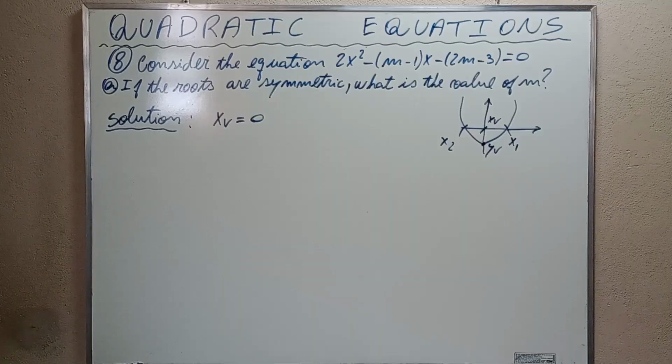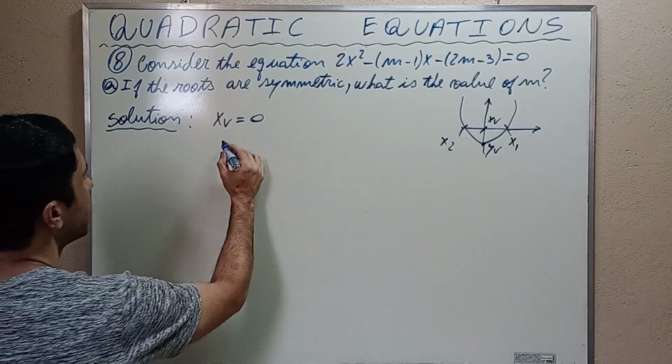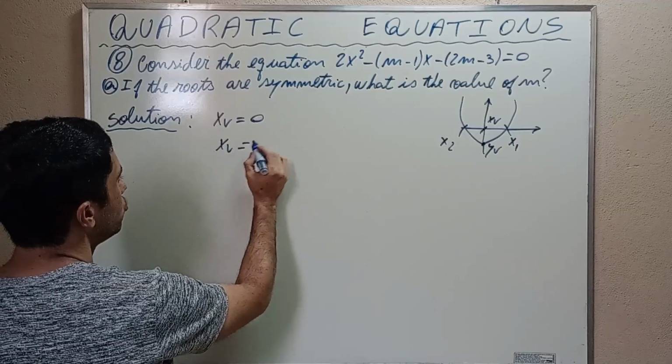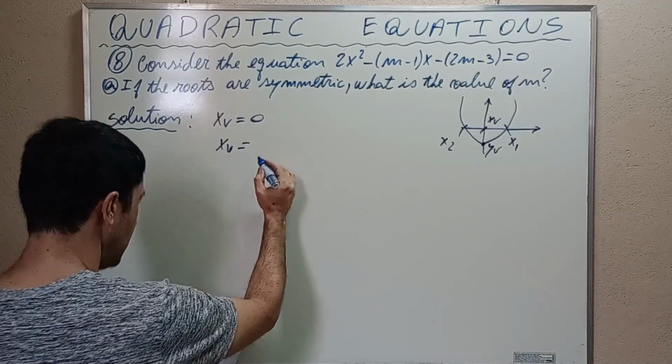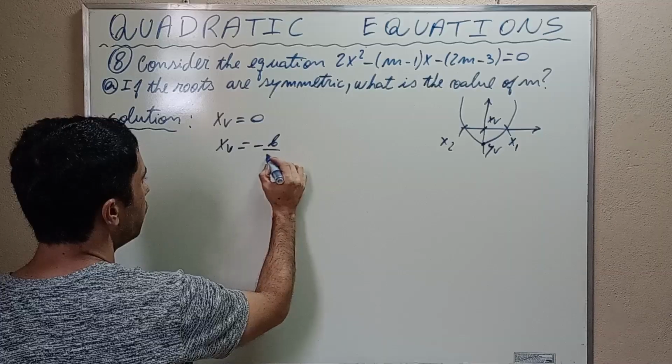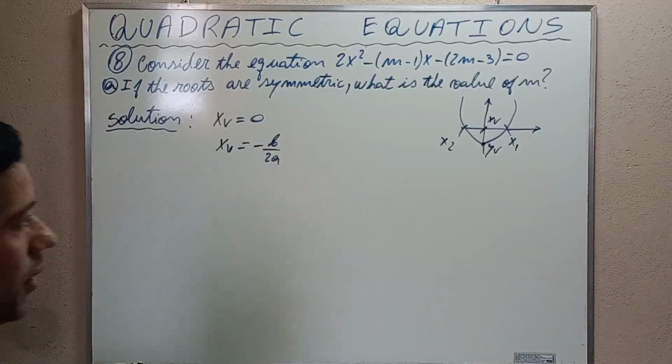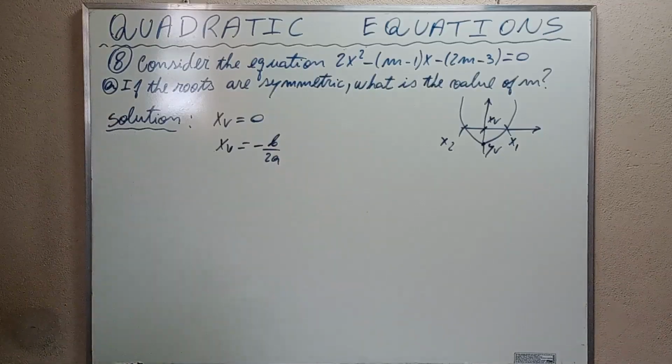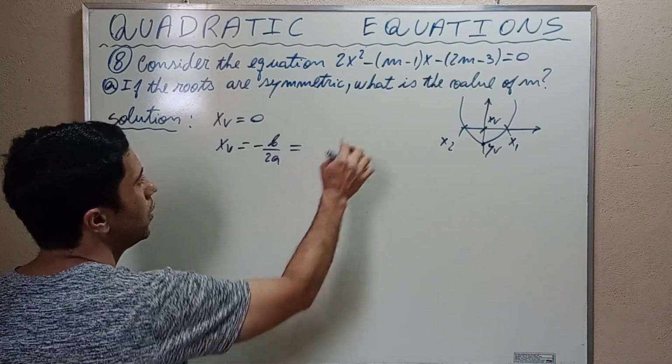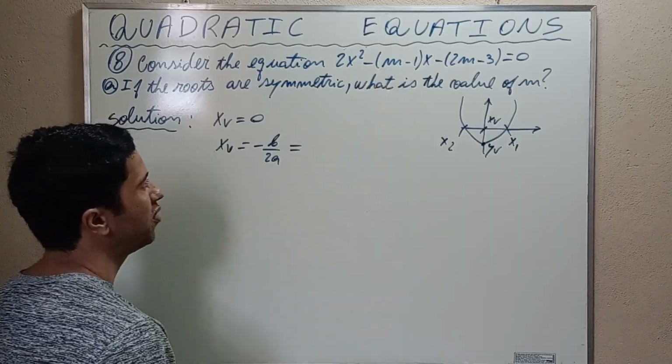Alright? And we know that xv is equal to negative b over 2 times a. Okay? We can find xv in this way. For us here, b is this. Okay?